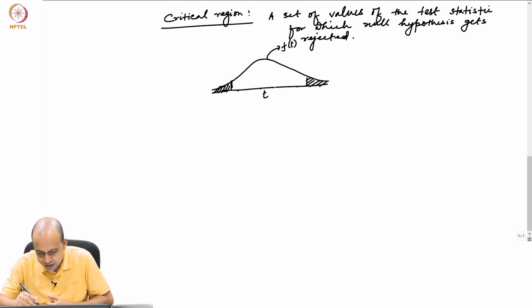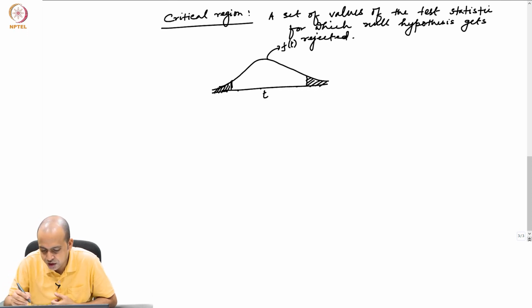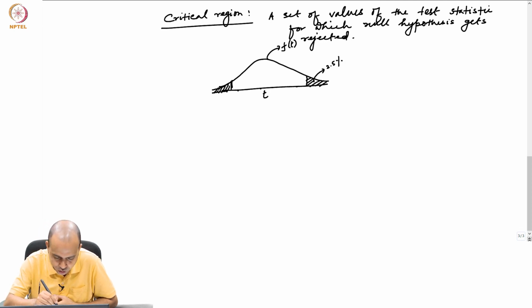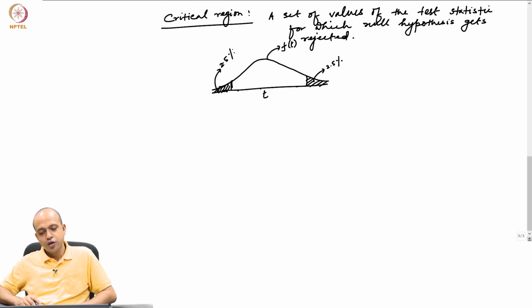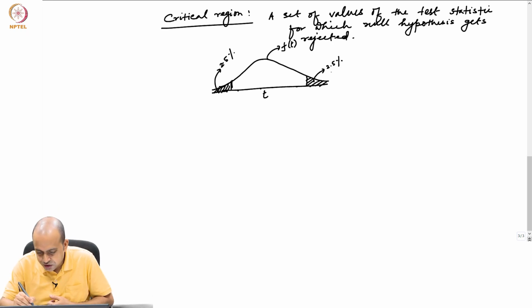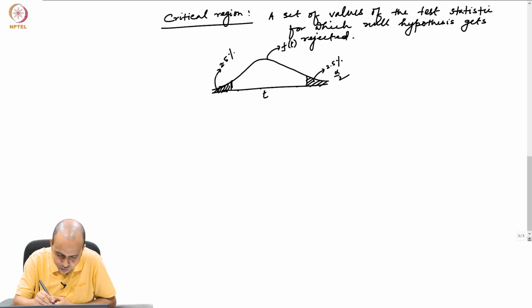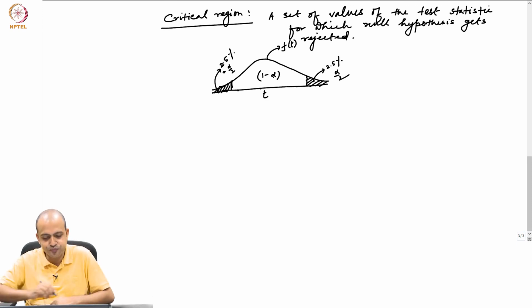Let us say that the size of this critical region is 5%, that means here it is 2.5%, here also it is 2.5%. This is basically called alpha by 2, and this is also alpha by 2. So, this region is basically 1 minus alpha.